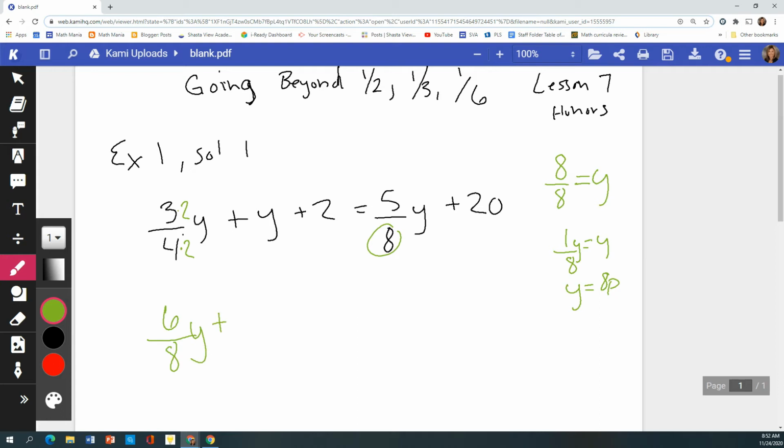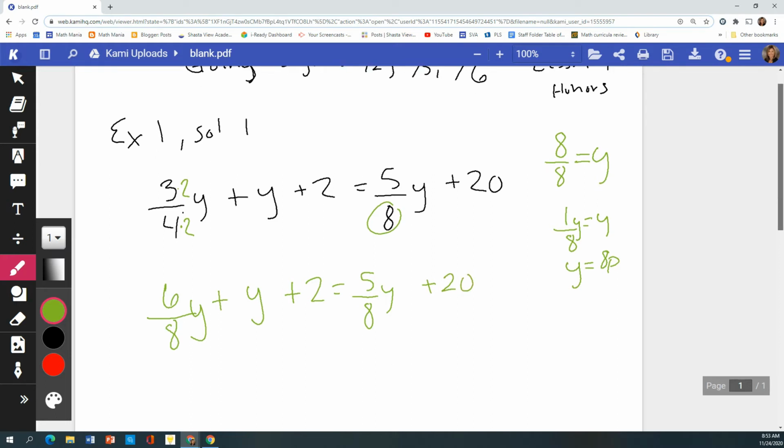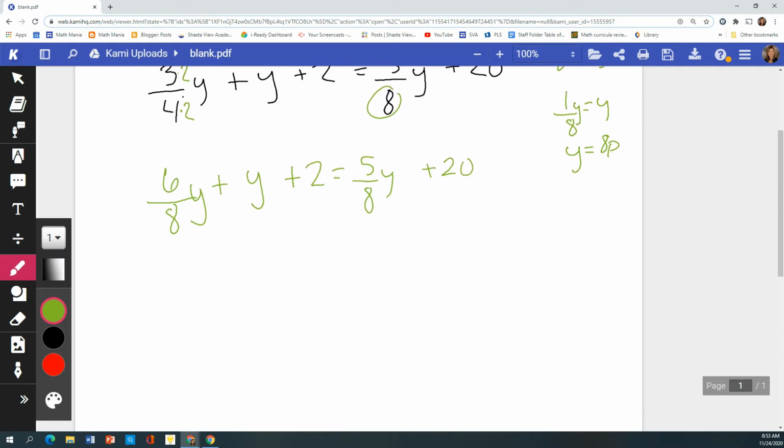Okay, so now we're going to go plus the y plus the 2, and 5/8 stays the same because it's already broken up into 8 pieces, our common denominator. So here's our equation. And now what we're just going to talk about is keeping them into their parts, getting rid of our common denominators because they're the same now. So for example, we can rewrite the given equation into parts.